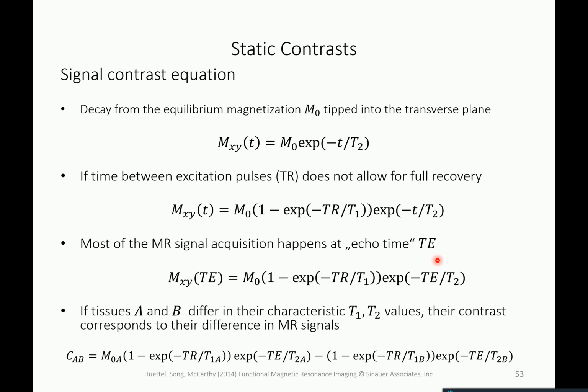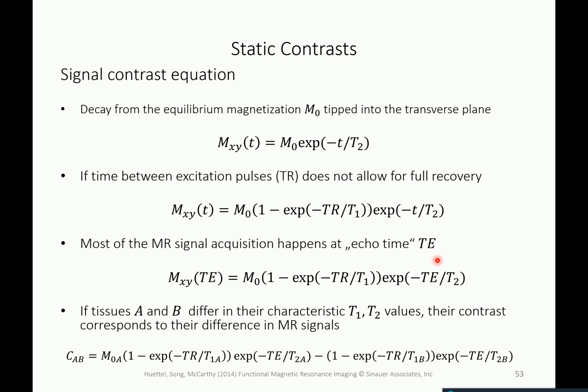Why it's called echo time, one needs to talk about how spin echoes work, which we're not doing, but you can also just view echo time as a time point after excitation. So for example, excitation happens at time 0, and then echo time is at, I don't know, 30 milliseconds or something.